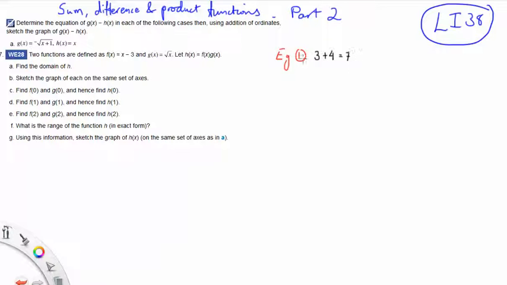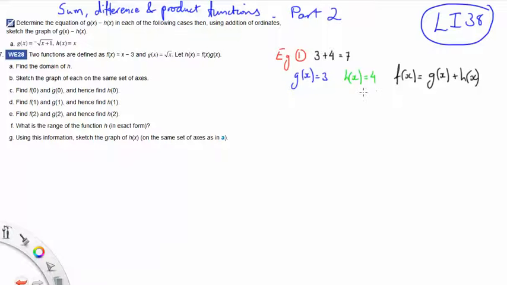So let's define some function g of x to equal 3. Let's define another function called h of x, which equals 4. And let's call f of x the sum of g of x and h of x.